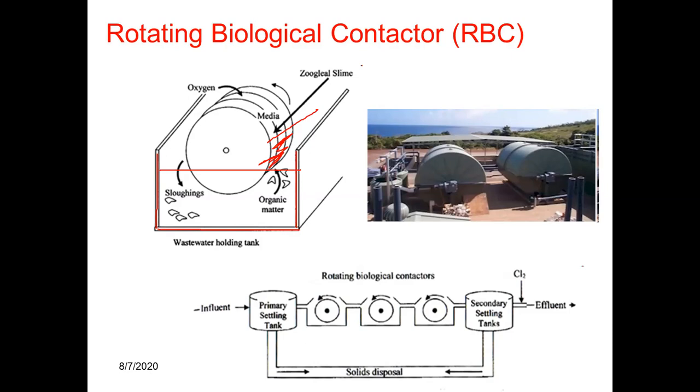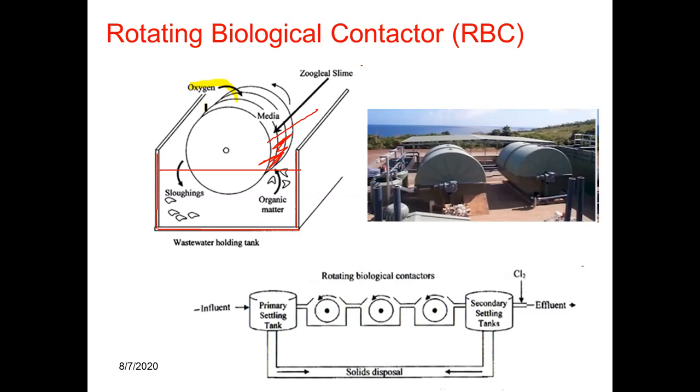So when it is rotated, the microorganisms that are under the water come to the top. That means there is no wastewater. Then what happened? The microorganisms will take oxygen from the atmosphere. Then they do the aerobic biological oxidation reaction.